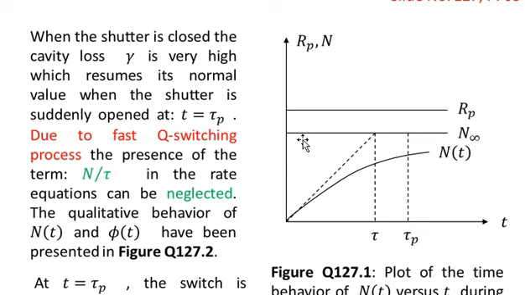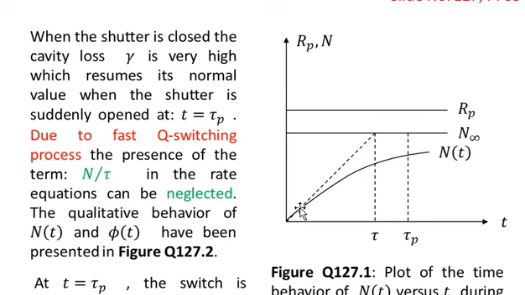So here we have set our two values. This is the Rp value, a straight horizontal line, and this is a constant value. And this n infinity value is also a horizontal line, and it is also a constant value. And you see that the population inversion n of t, as a function of time, will increase from its initial value, that is from 0.